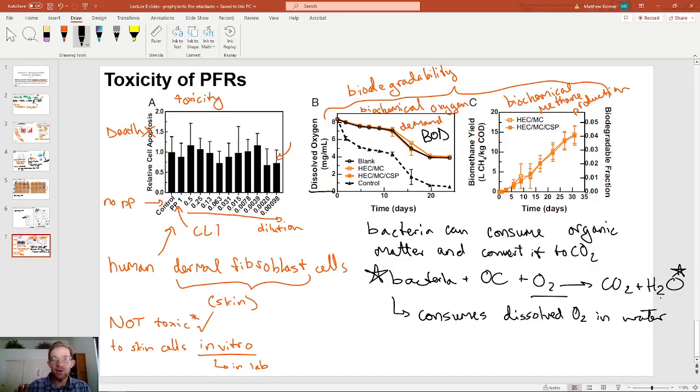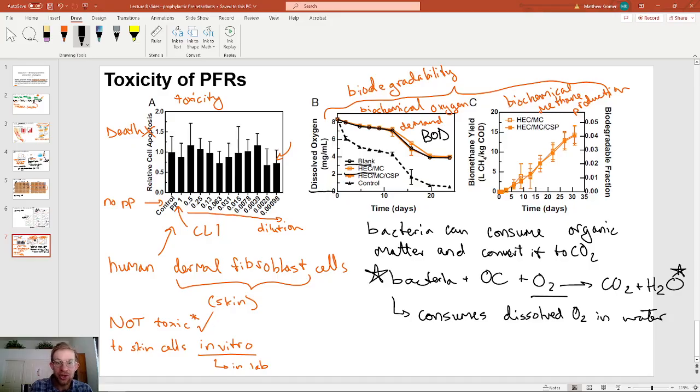So the question the researchers are asking is, okay, if we take this new fire retardant loaded viscoelastic fluid, and we throw it into water, how does the dissolved oxygen change? And hopefully it doesn't change, which would mean that bacteria are not consuming it at a very fast rate and thus depleting the dissolved oxygen in the water, which would harm other aquatic life. Okay, so what you can see here is the blank, meaning no fire retardant added.